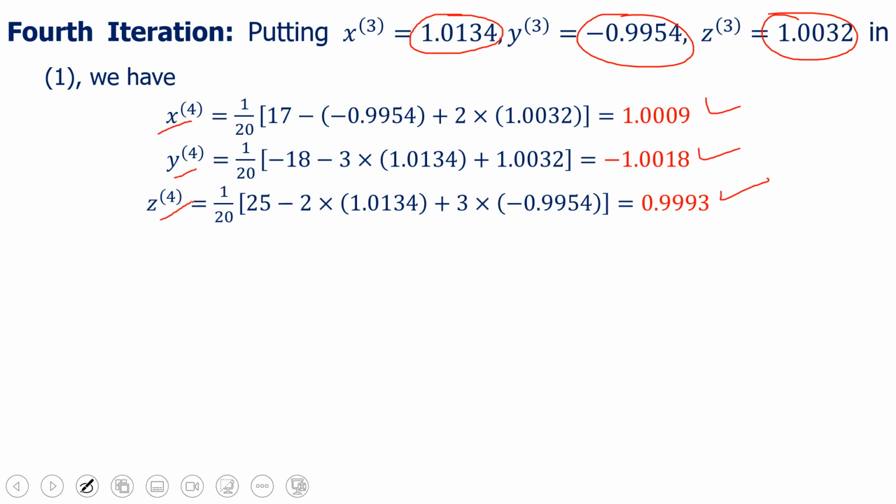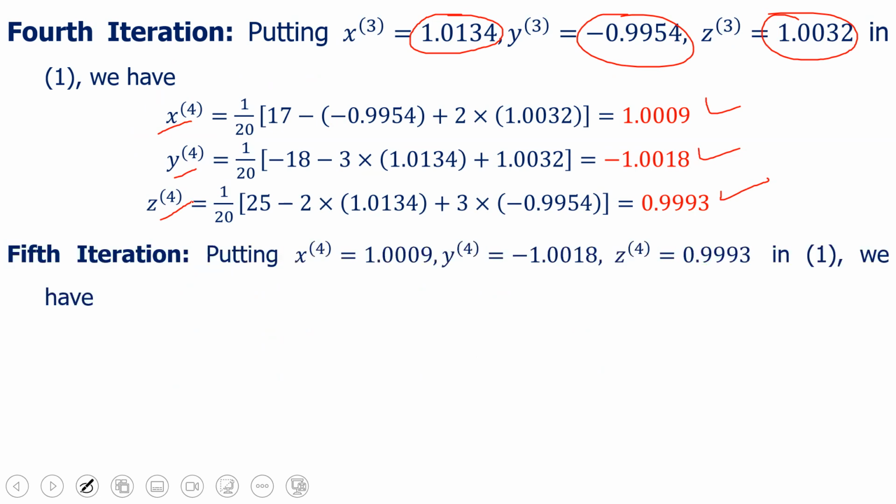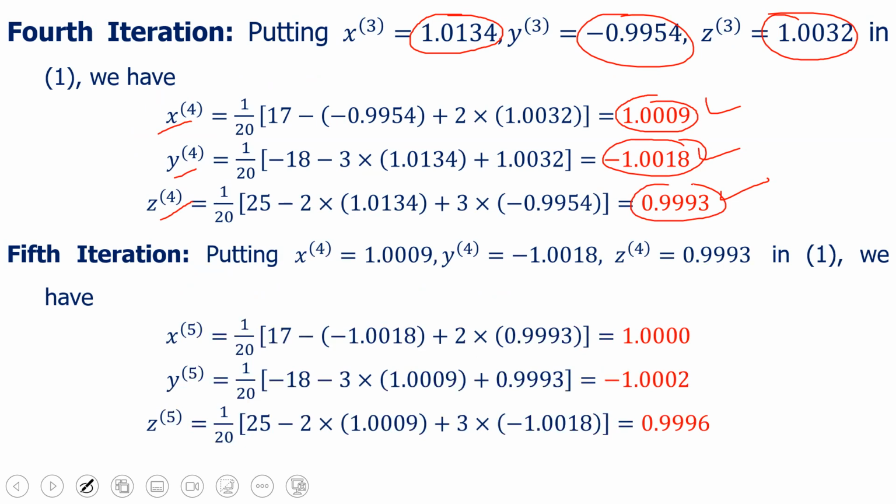If we go to the fifth iteration, these values are the initial values for x, y, and z. So if we write down the values of x, y, z in the fifth iteration, we are getting x equal to 1.0000, y equal to minus 1.0002, and z equal to 0.9996. Let us go to the sixth iteration.